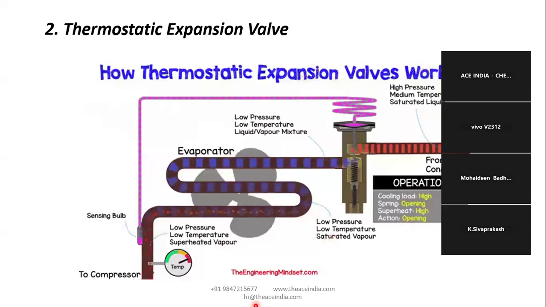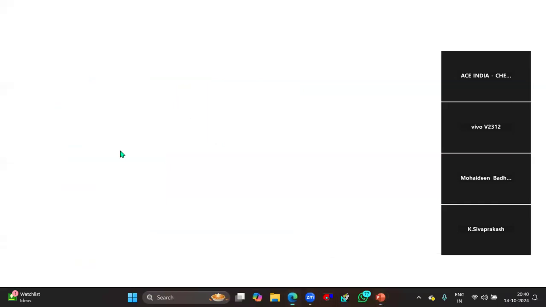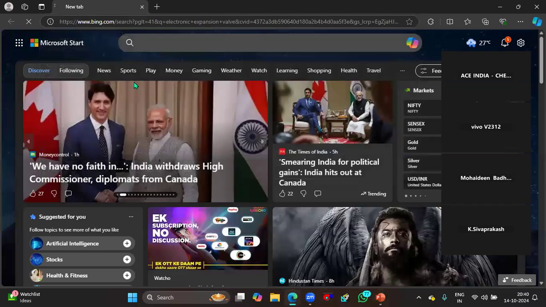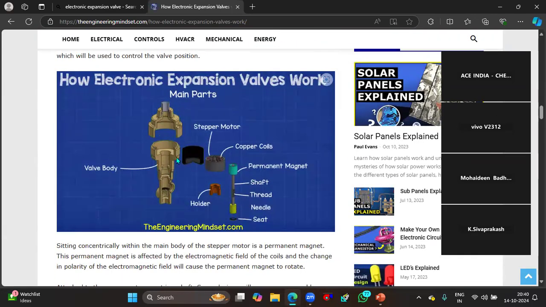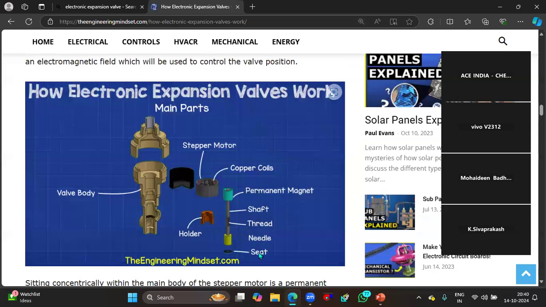Once again, I will show the electronic expansion valve. So you can see right here itself. This is how this electronic expansion valve works. You can see the permanent magnet, the needle and the seat, the thread and the shaft.